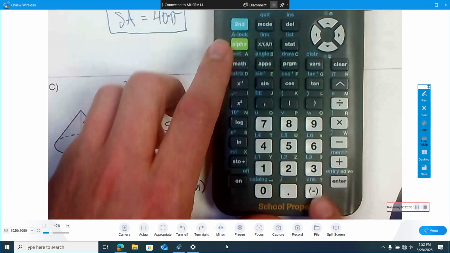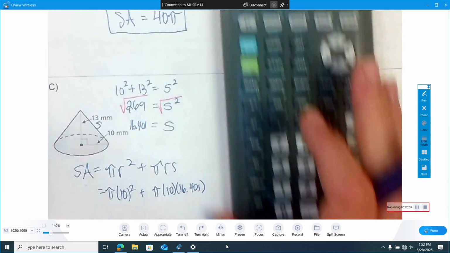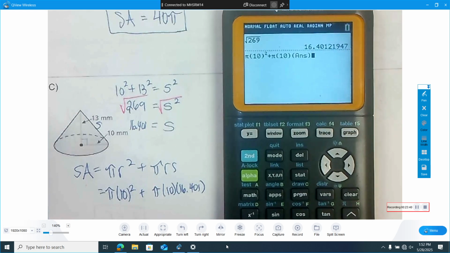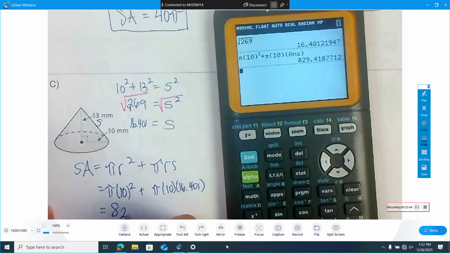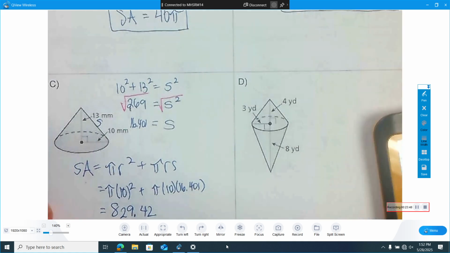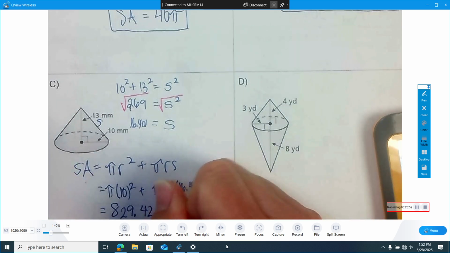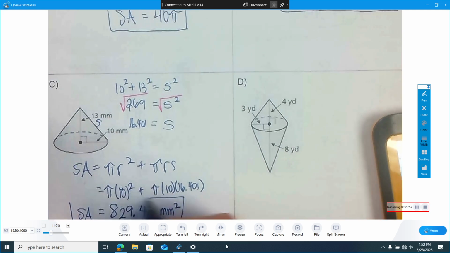So again, I'm using the second answer button at the bottom to pull in that decimal from above. And we get 829.42. What are the units on that? Millimeters squared. Very good, because it is area, so we have square units.